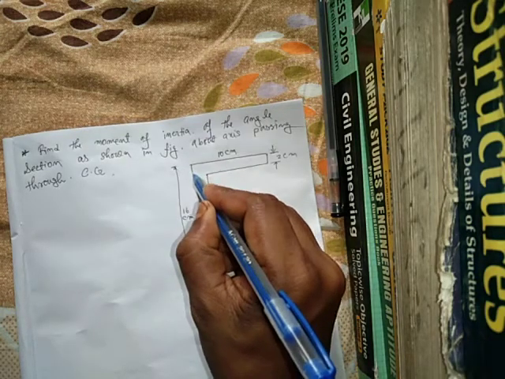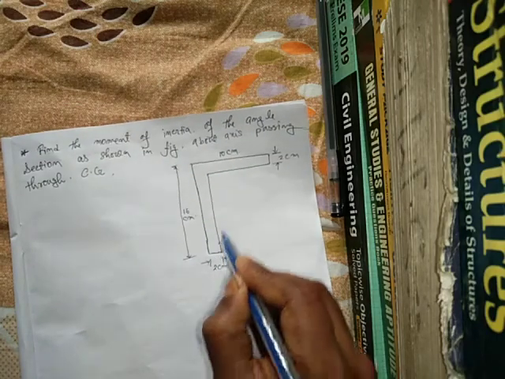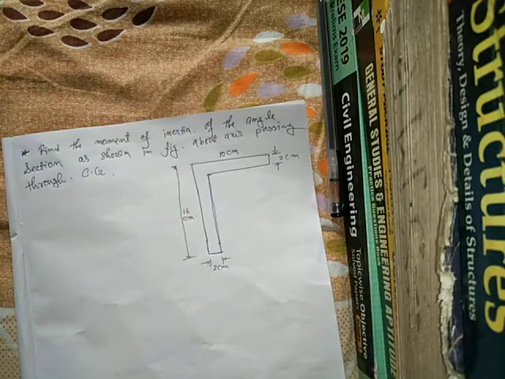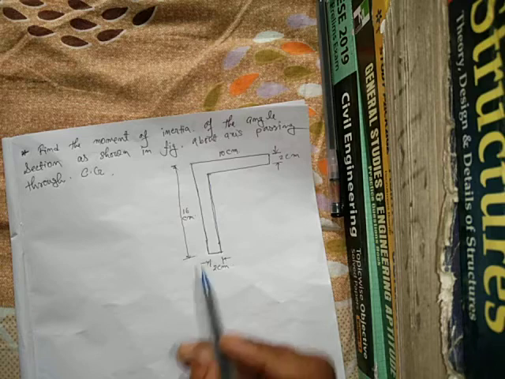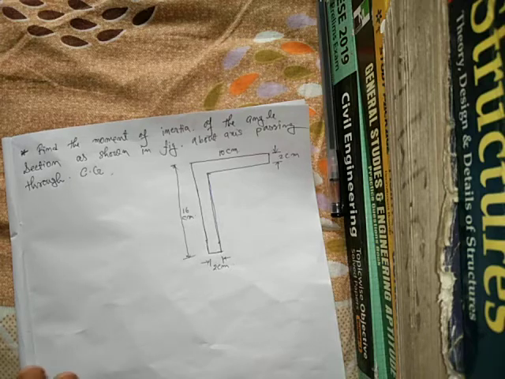The figure is given. Find the moment of inertia of this figure about the axis which is passing through CG. First, find the CG, the center of gravity of this section.